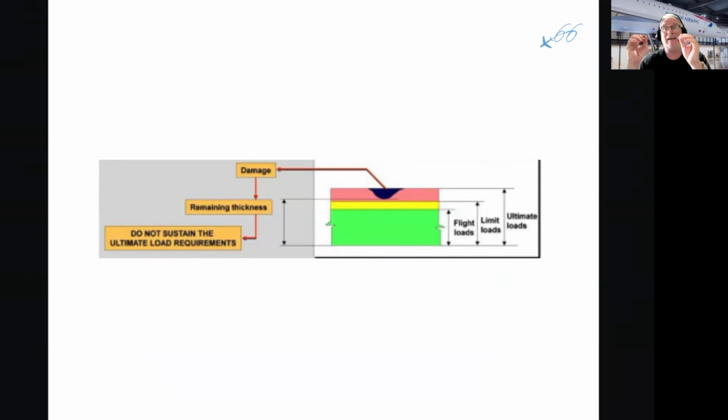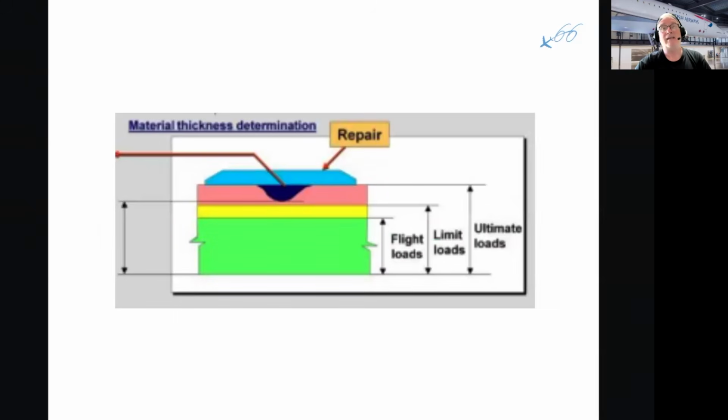But if you had a cut, graze, gouge, perforation, anything higher than a dent with any material missing, then the remaining thickness would not meet the ultimate load requirements, because you would be chewing into the pink area here. So in this scenario, in every case above a dent, we would need to put a repair on.